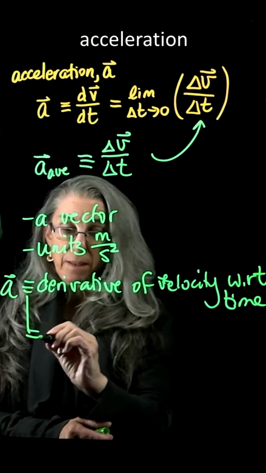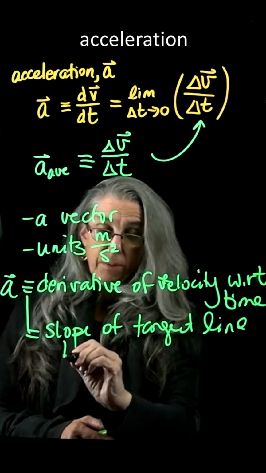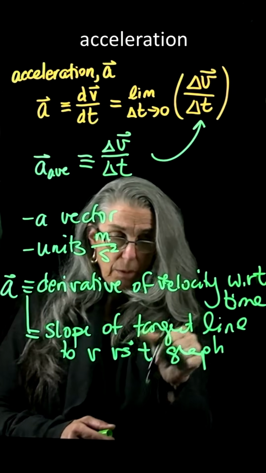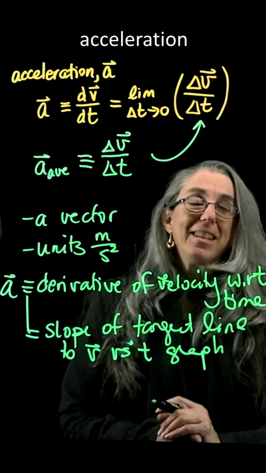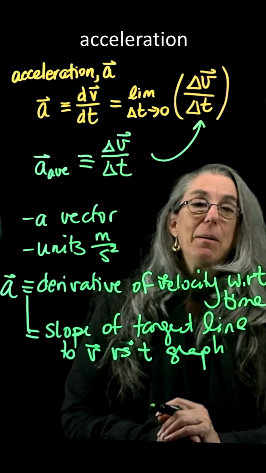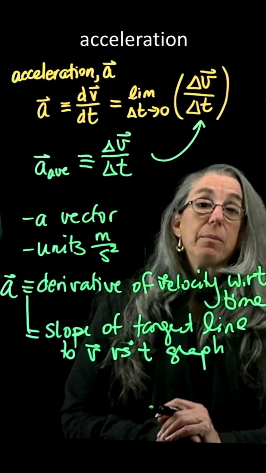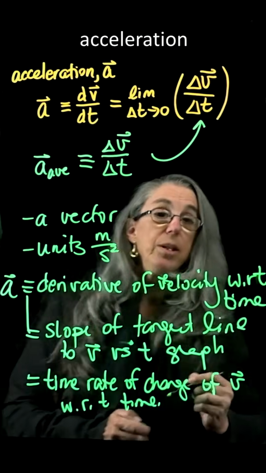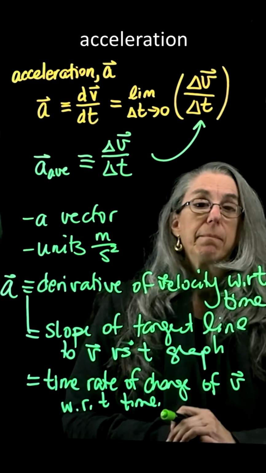That also means it's the slope of the tangent line on the velocity versus time graph. Wrong place to put the vector arrow. It's the slope of the velocity versus time graph. It's the first derivative. Another way to say it is you could say it's the time rate of change of velocity. Three different ways to say the same thing, and three different ways that you might want to calculate the same thing.